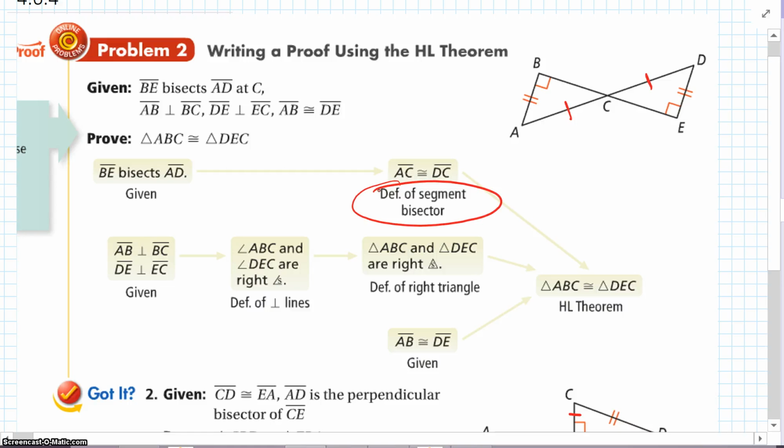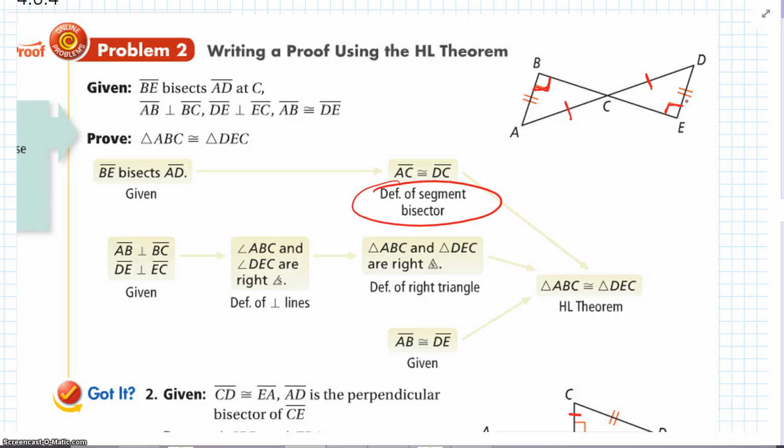We know AB is perpendicular to BC, so we know that's a right angle. And we know DE is perpendicular to EC, so we know that's a right angle. And we know segment AB is congruent to DE. Prove ABC is congruent to DEC.